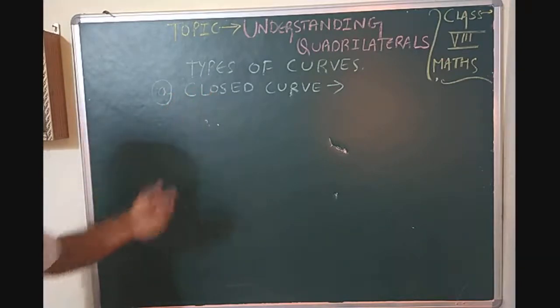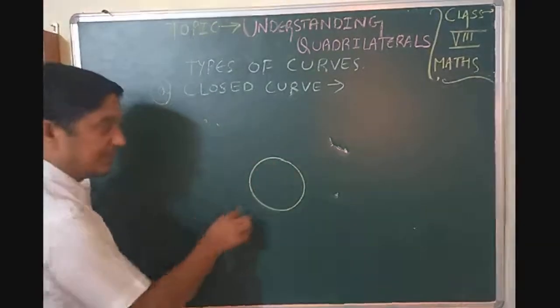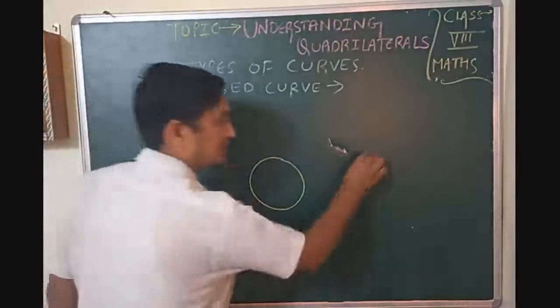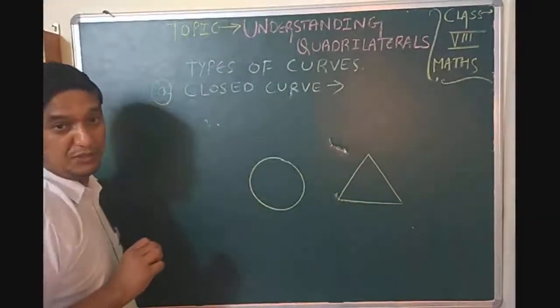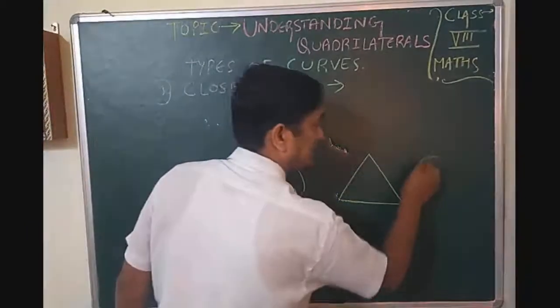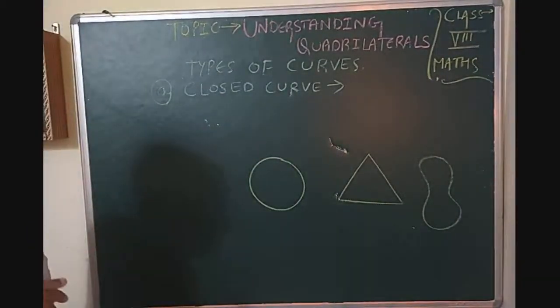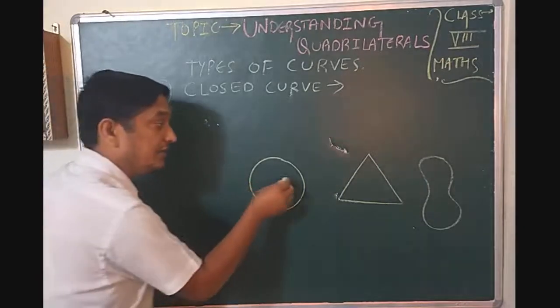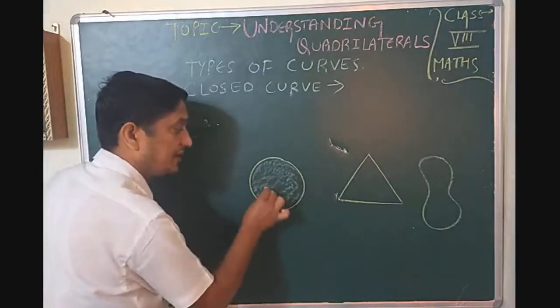It encloses some area. For example, look children, this is a circle. It has no endpoint. This is a triangle. This also has no endpoints. Like this, this figure has also no endpoint. But all these three figures enclose some area.